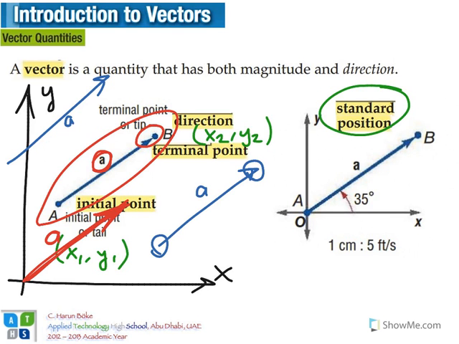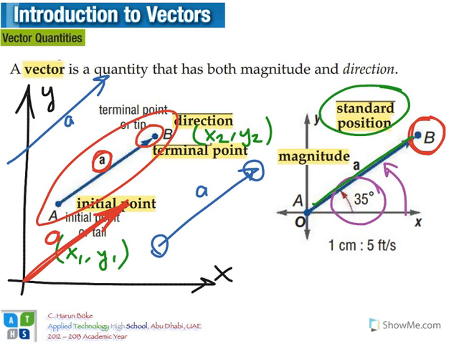Now the advantage of standard position is you can define the vector by its terminal point, and also you can define the direction of the vector by the angle between the vector and the horizontal. And the length of the line segment, which we use to represent vectors, is called the magnitude of the vector.